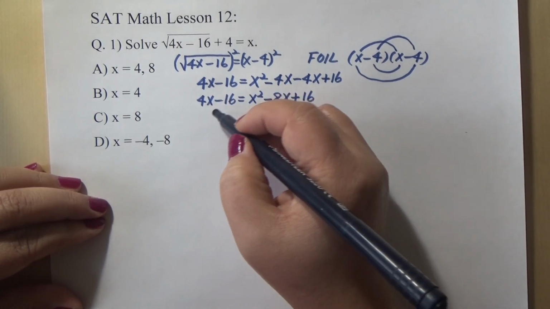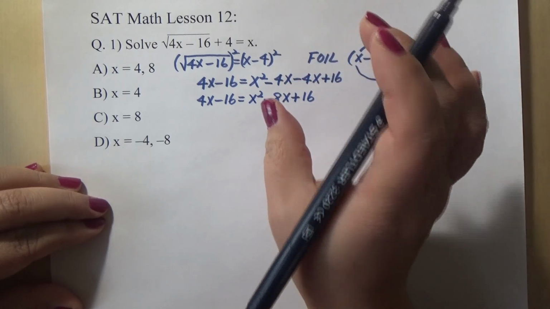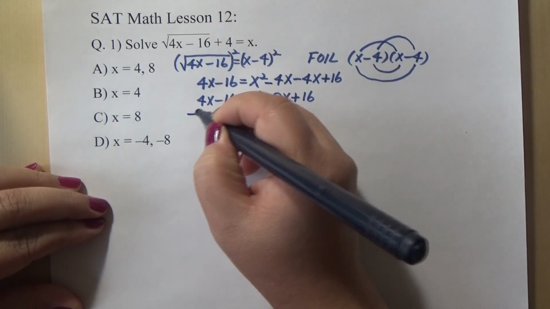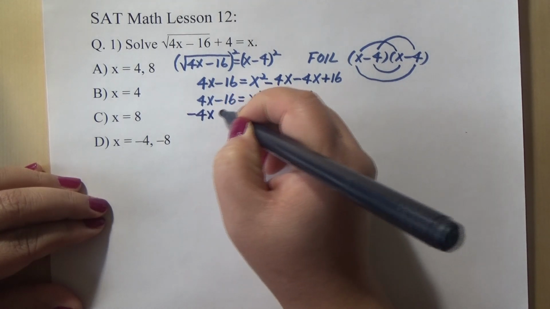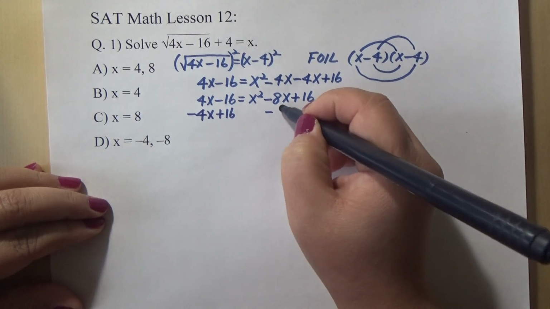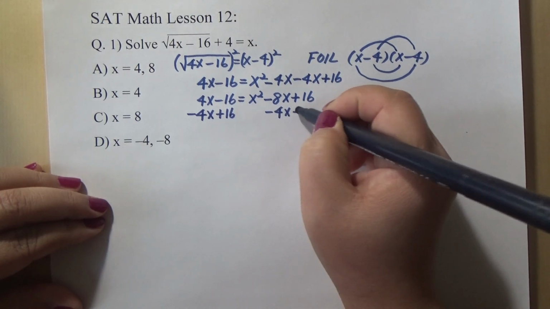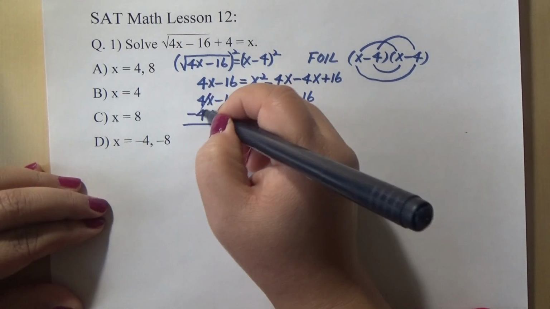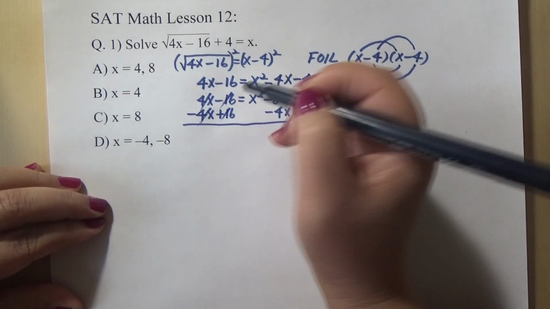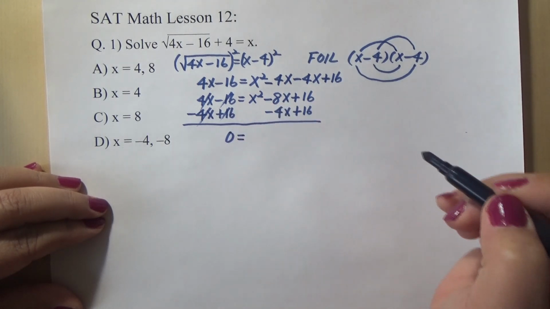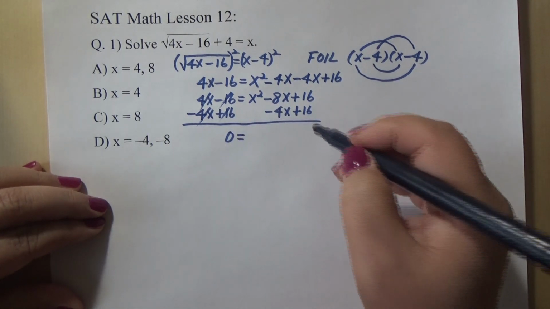I want just everything in one side. So I'm going to subtract 4x and add 16 to both sides. Okay, so this and this will be gone, this and this will be gone. Left side will be 0.